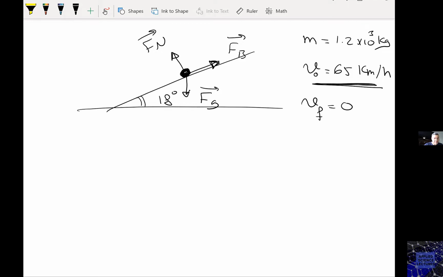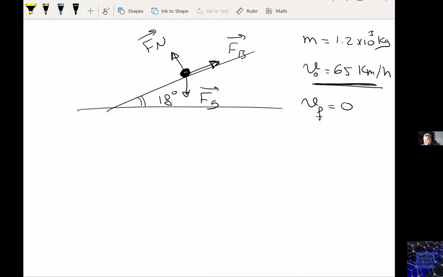Let me just get the formula here from the sheet.